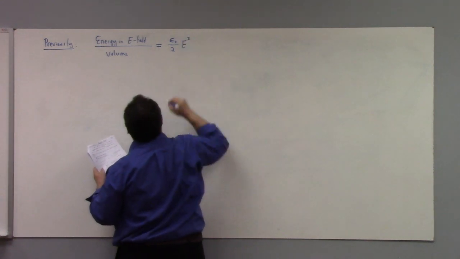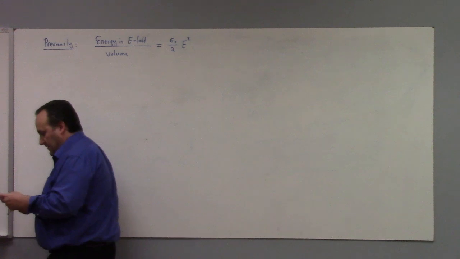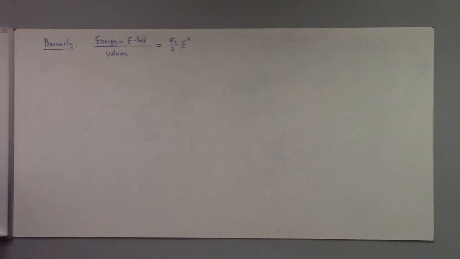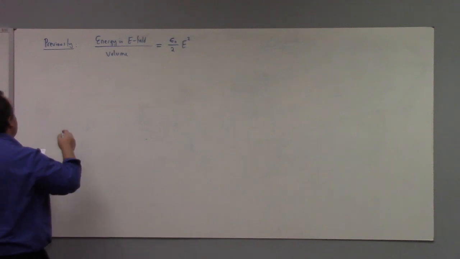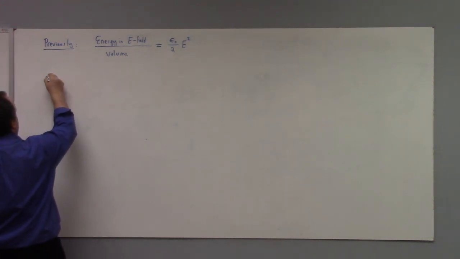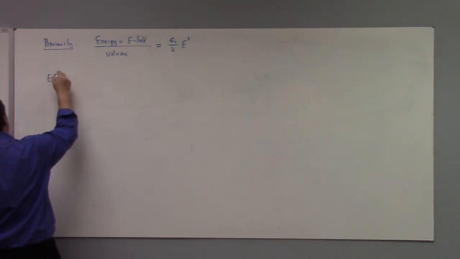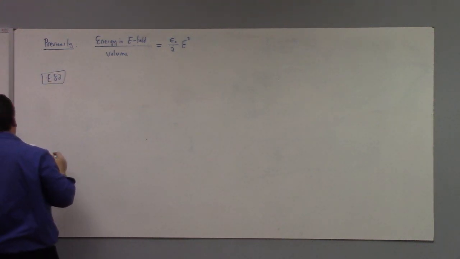That's the energy per unit volume in the electric field. So a natural question to ask is, how does this work out for the magnetic field? How much energy per volume in the magnetic field? I'll follow my example 82, which is on page 110 of my handwritten notes.